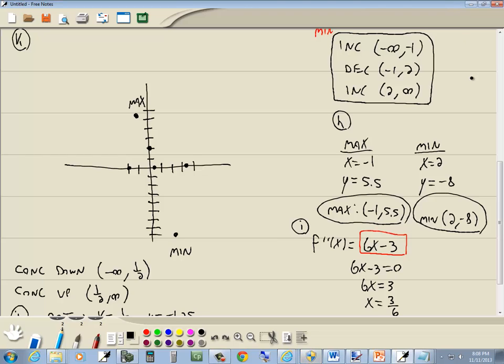Now our graph is originally increasing, so it's going up, hits this high point, then decreases from negative 1 to 2, hits this low point, and then it starts increasing. So let me try to sketch it as well as I can. So it's increasing, hits the high point, comes down, passes through there, reaches the low point, turns around, comes back up, and that would be the sketch of our graph.